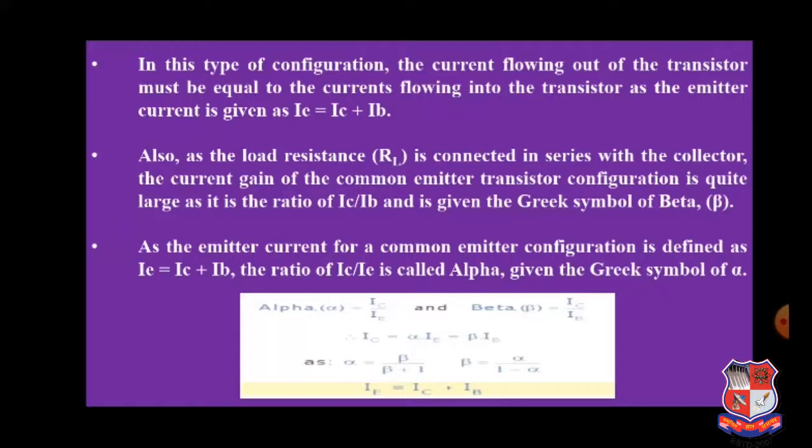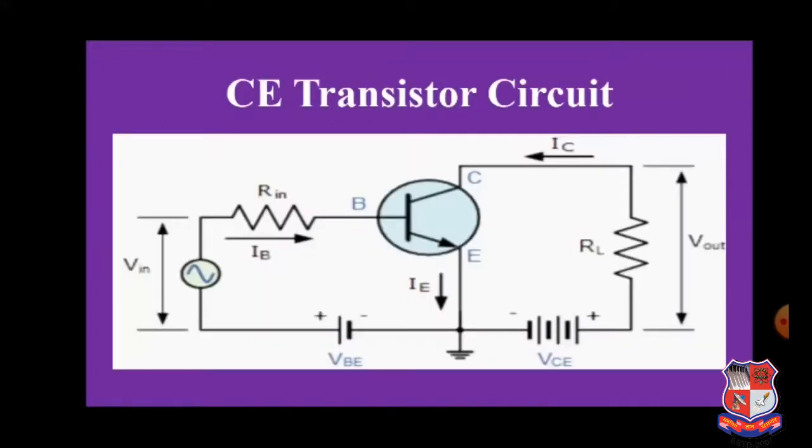So here the emitter current can be termed as collector current plus base current. That means the current entering from the junction is equal to the current exiting from the junction.